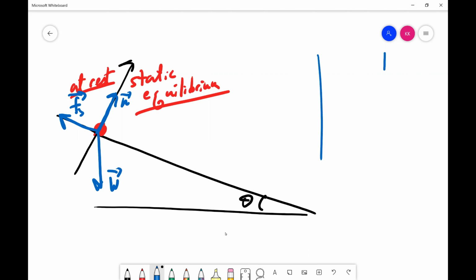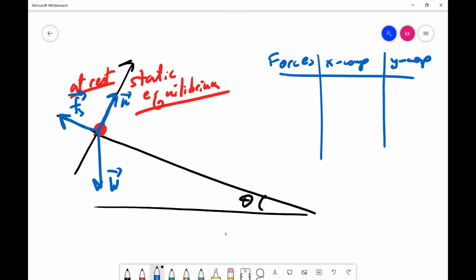So if I put this in a force table so I can organize them, I can see that here's weight, here's friction, here's normal force, and then this is my net force.